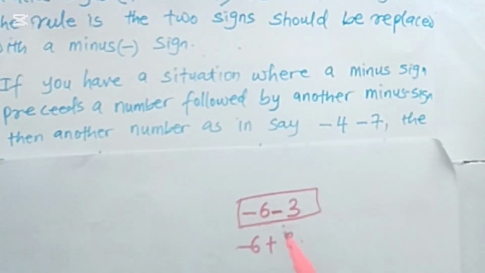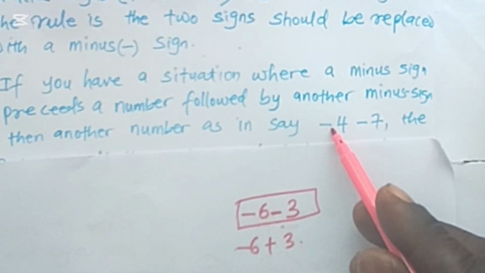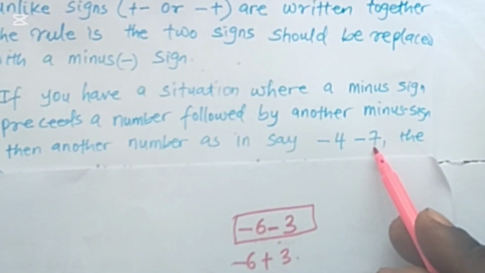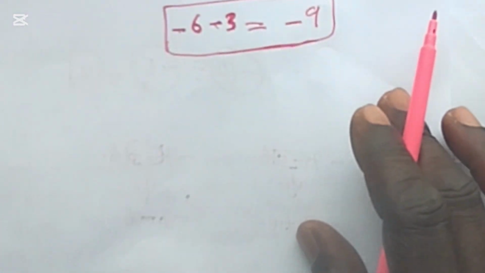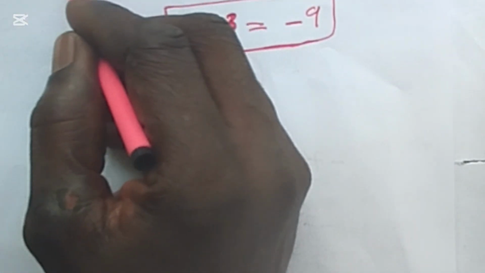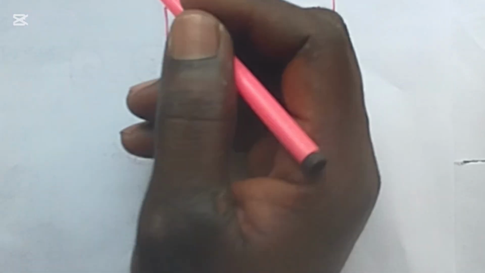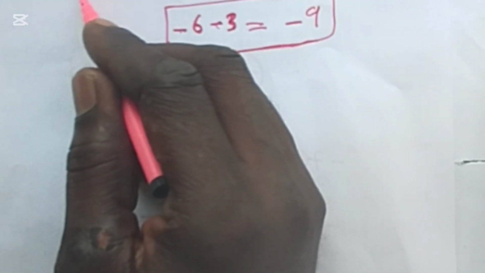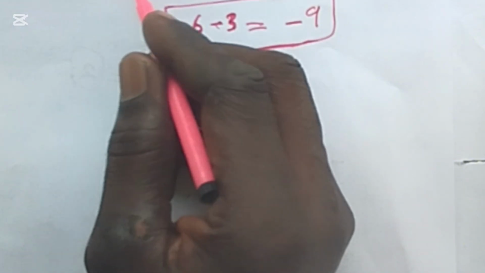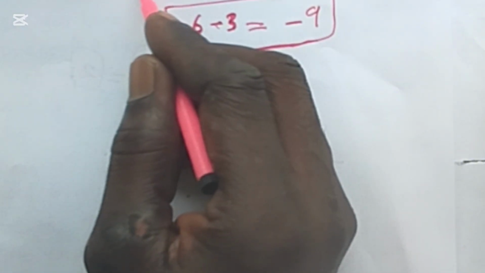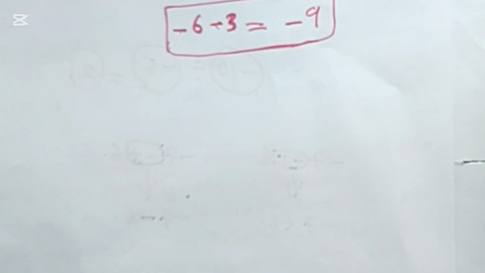So, coming down to this one, where we have minus 4 minus 7. Following the rule, it means we should add 4 and 7. It becomes 11. Then the rule says that we should retain a minus sign in our final answer.